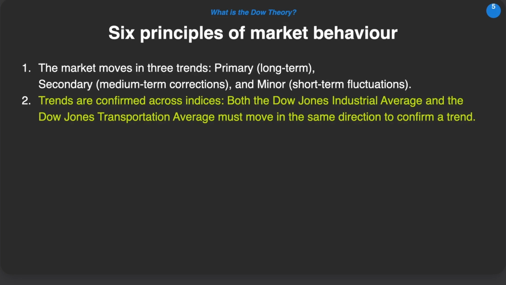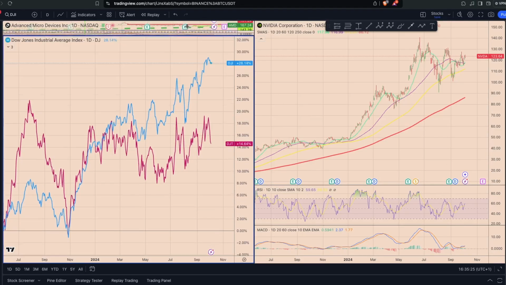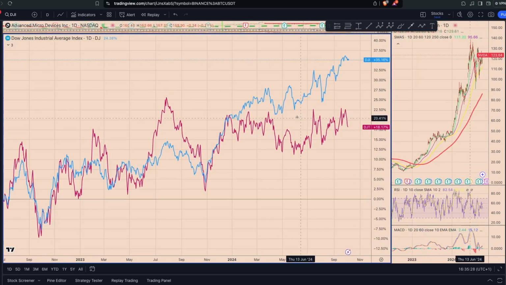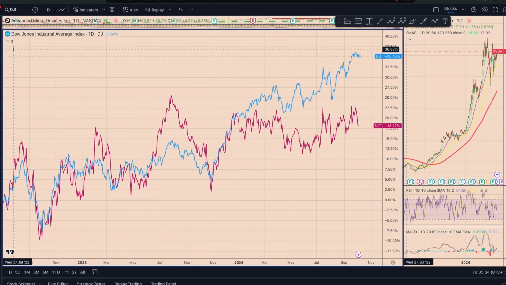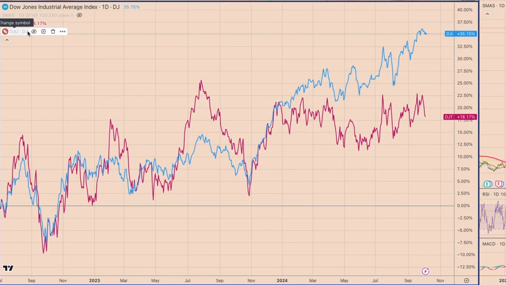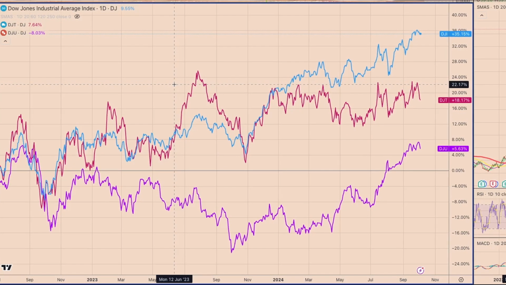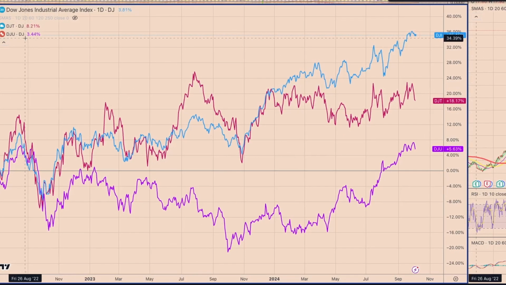Both the Dow Jones Industrial Average and the Dow Jones Transportation Average must move in the same direction to confirm a trend. Okay, so just down here in this box, we have the Dow Jones Industrial Average in the blue and the Dow Jones Transportation Average in the red. Now, there is also the Dow Jones Utilities Average, which you can have in there in the purple.